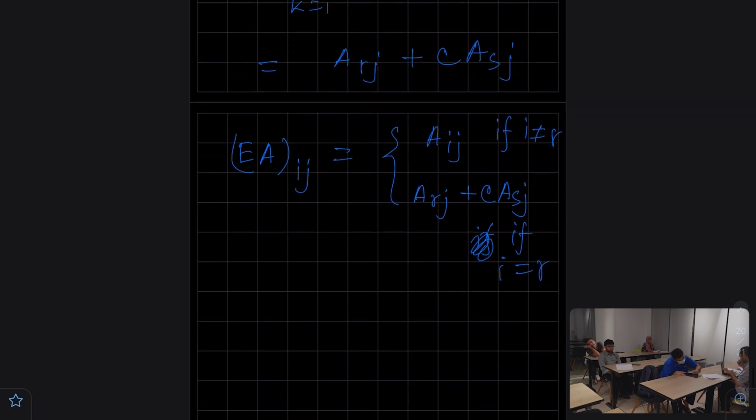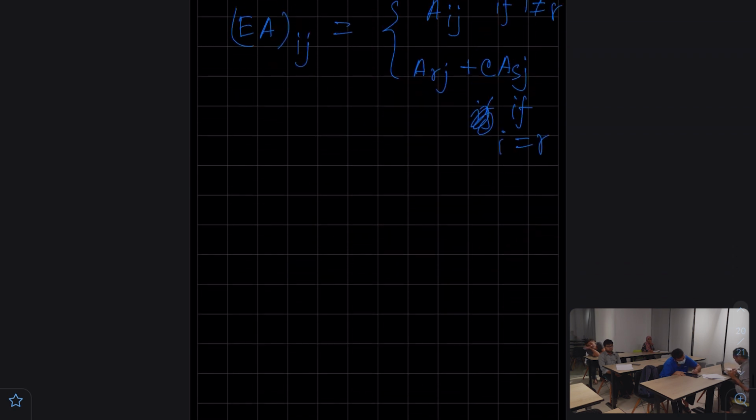So from here we conclude that EA is equal to e(A), where the size of E is m cross m and the size of A is m cross n. Okay. So it can be done for the other types of row operations as well, and you can check it.